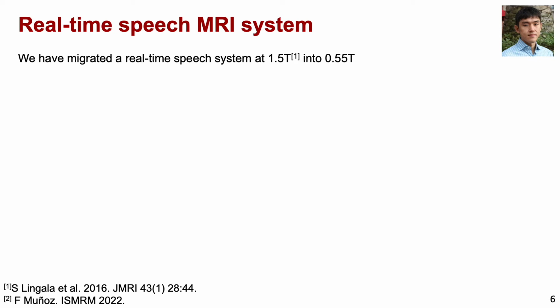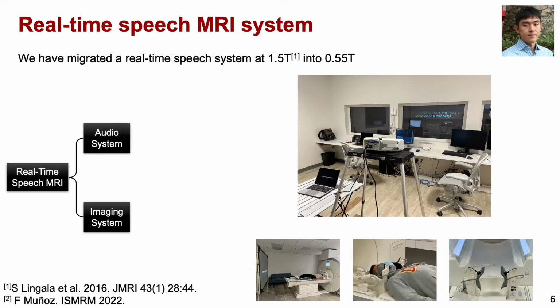So with the recent arrival of the 0.55 Tesla scanner, we have also migrated the entire system from 1.5 to 0.55 Tesla. This is quite a complicated imaging system, but to be brief, the real-time speech MRI system roughly includes 2 parts: one is the audio system and the other is the imaging system.